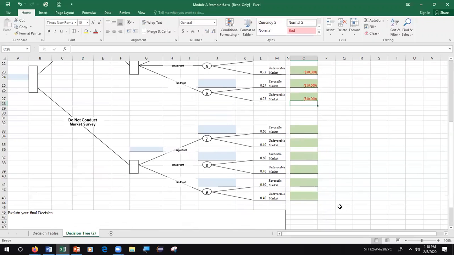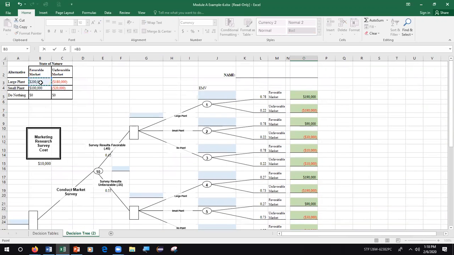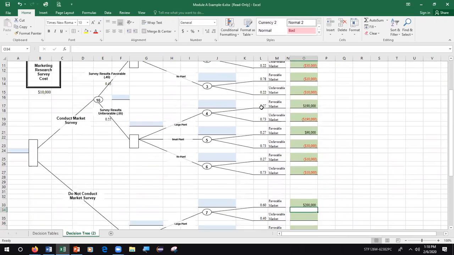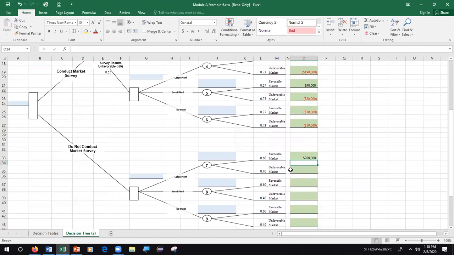Okay. Now then, down at the bottom, that's going to be the large plant favorable, so that's just equal to this. We don't have the 10,000 in that one. We didn't spend the 10,000 down here, so that's going to look like that.